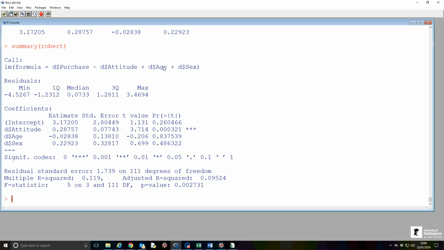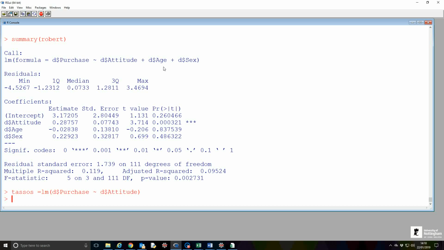And so I guess what you could do, if I'm going off track here, stop me, is create a new model equals LM, with still the same dependent variable, estimated by only attitude, spelled correctly, hopefully.